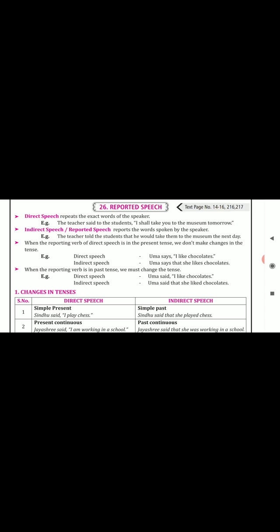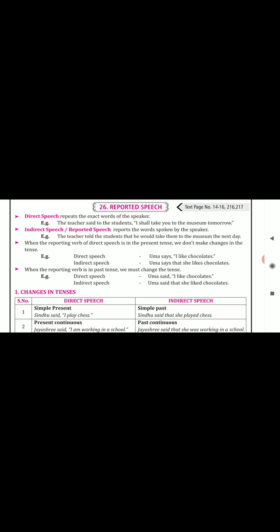The teacher told the students that he would take them to the museum next day. In this sentence, the actual words of the speaker do not exist, but the subject matter is available. So, this is called indirect speech.